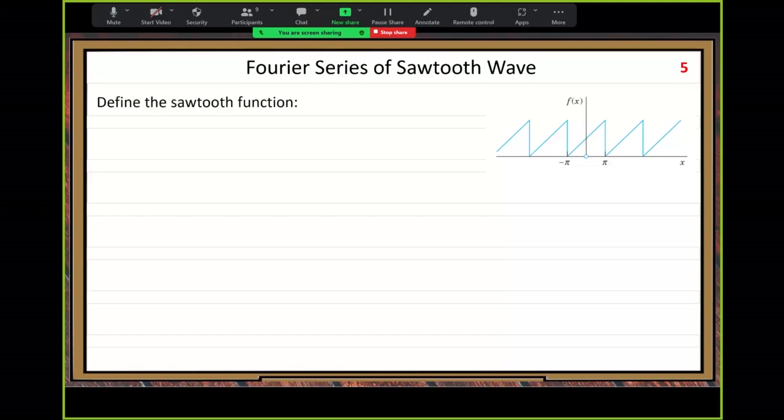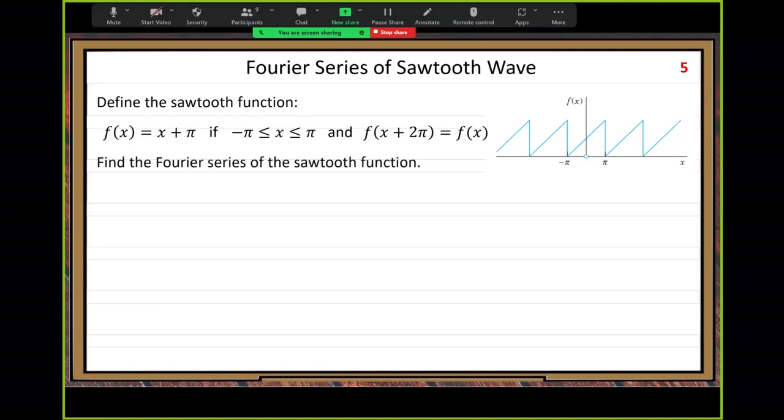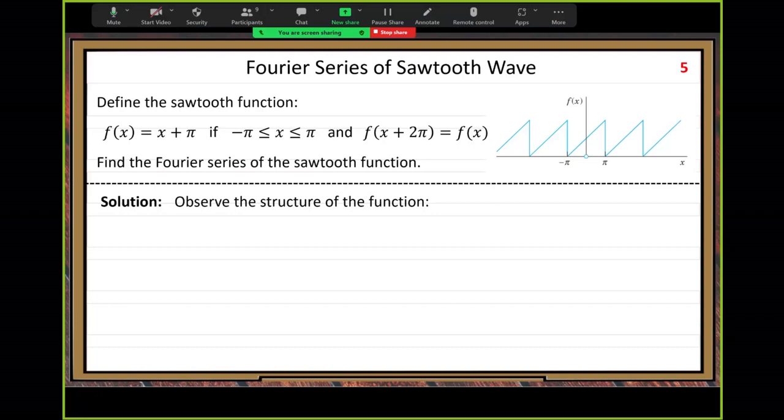Let's consider the function given like this. From -pi to pi, it's a linear function, then 2pi periodic. Now we want to find the Fourier series of the sawtooth function, just by calculation with the formula.